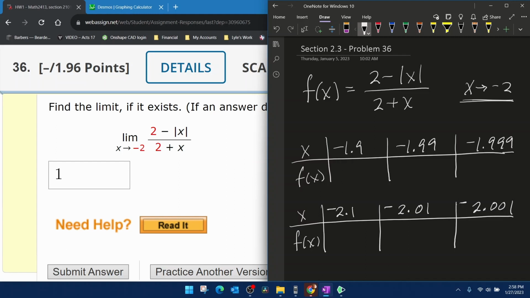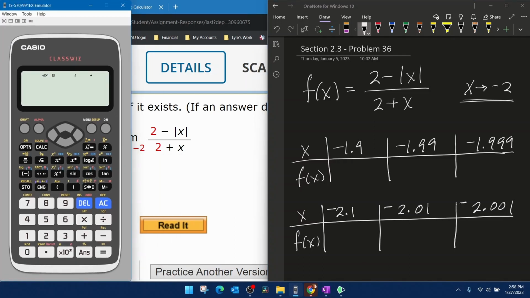And so what we're going to do is we're going to complete these tables. The first table shows x approaching -2 from the right, and the second table shows x approaching -2 from the left. And we're going to do repeated plug and play using our calculator to calculate these values.